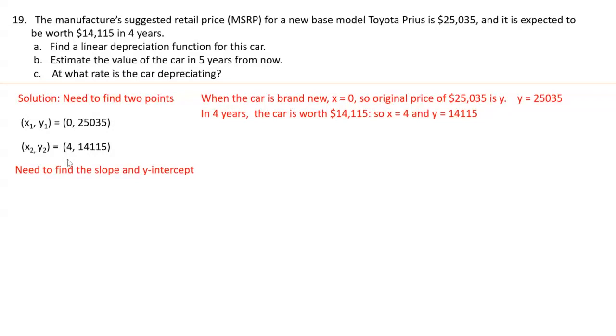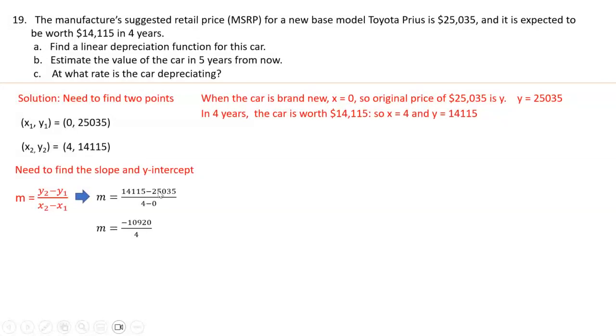Now we use the slope formula that we were using earlier. So my first point, my 0 is x1, my 25,035 is y1, my 4 is x2, and my 14,115 is my y2.